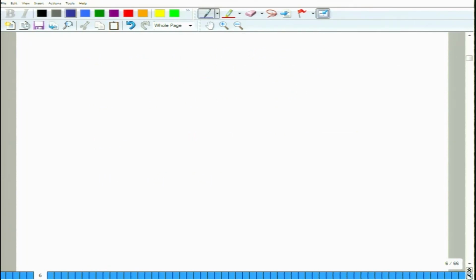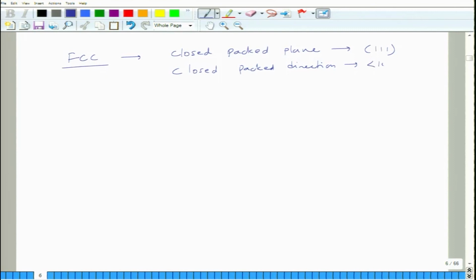In case of FCC structured materials, we define a close packed plane, the plane which is absolutely close packed. Okay. So this plane is the 111 plane, and in this plane lies a close packed direction which is of 110 type. This can be illustrated by this bracket.